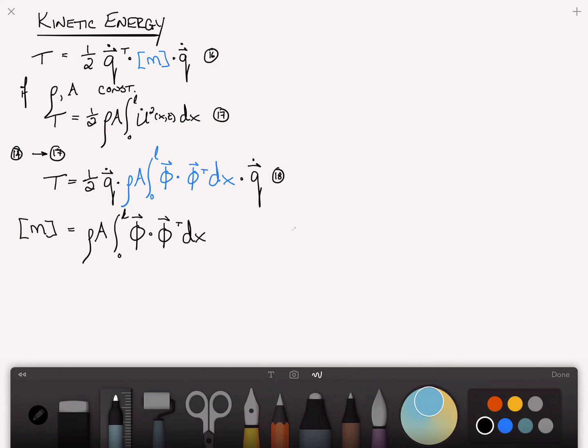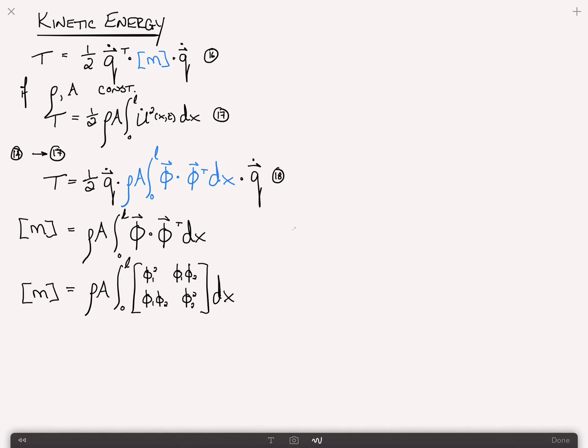And again, if we now substitute this in, let me write it one more time, m is equal to rho a times the integral from 0 to L of the matrix phi1 squared, phi1 phi2, phi1 phi2, phi2 squared, dx.